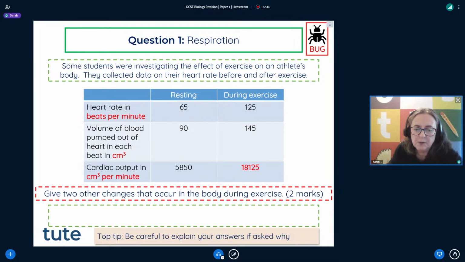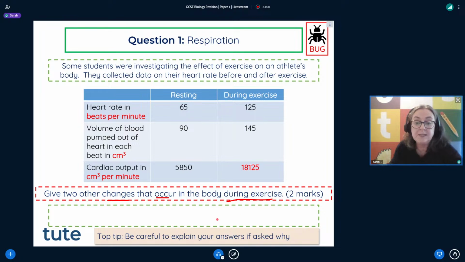Okay, so the next question is, give 2 other changes that occur in the body during exercise. And again, this is quite straightforward. The mark scheme is telling you it's 2 marks. You're being asked for these changes that occur during exercise. Well, think about any time you've had to run or catch a bus or whatever it is where you've had to carry out physical exercise.